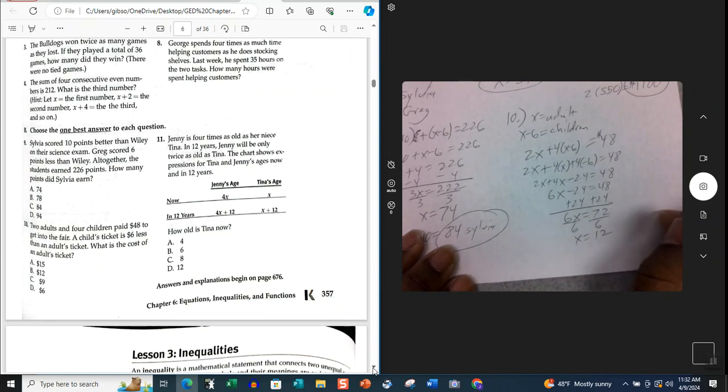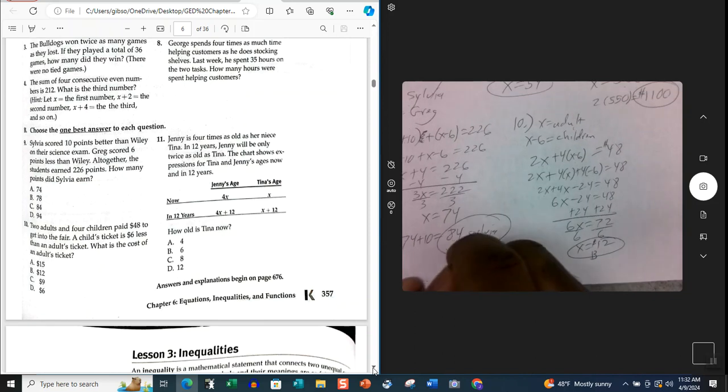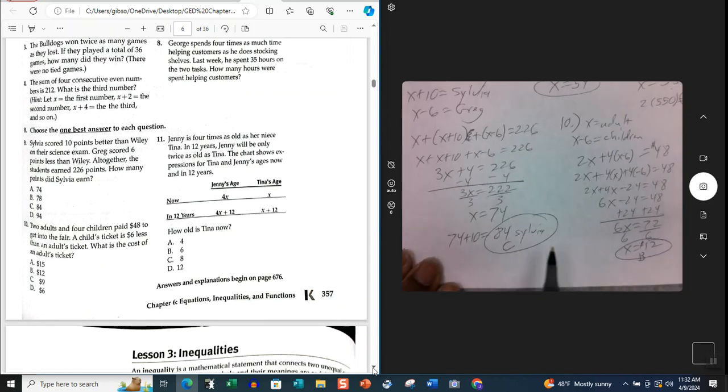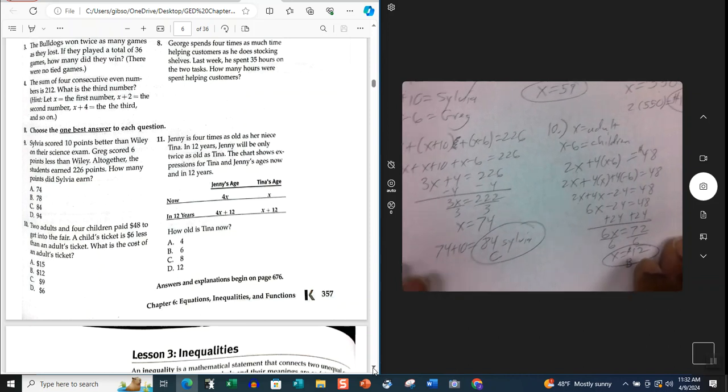Now they ask us, what is the cost of the adult's tickets? Now the adults, remember, so an adult ticket is just $12. So our answer would be B. And then I forgot to put down C for number 9, because since that was multiple choice, C was supposed to be 84.